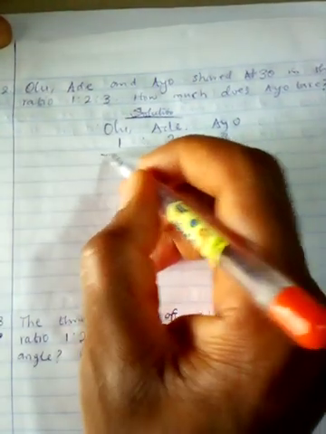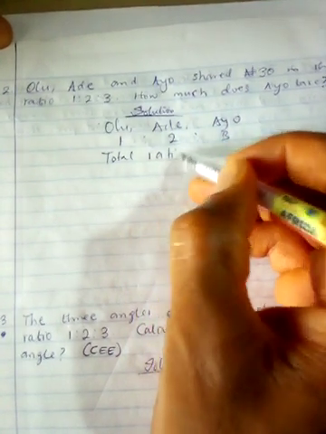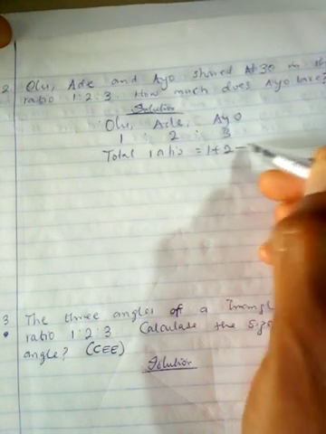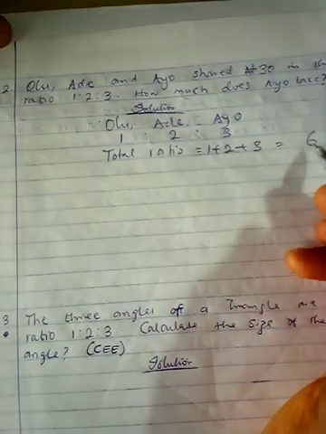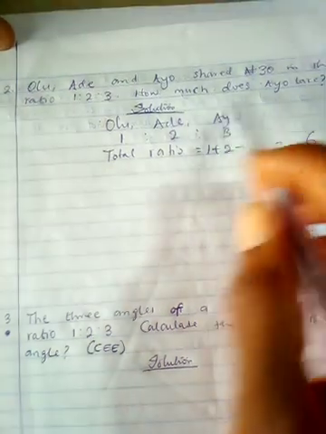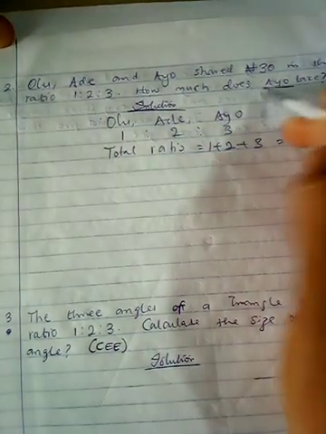Then, like I said before, we need to know our total ratio. The total ratio is the sum of these ratios, that is 1 plus 2 plus 3, which gives us 6. From here we can find the share of each person, but in this question we are only asked to find how much Ayo is going to have.